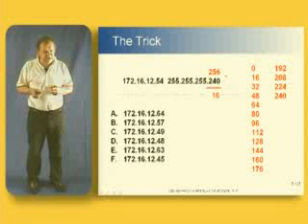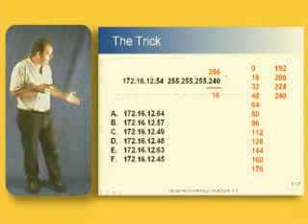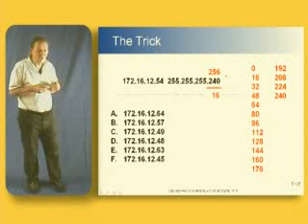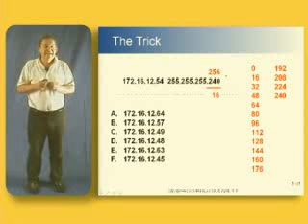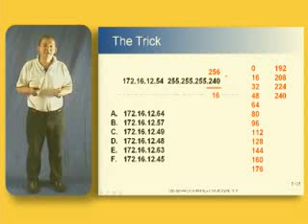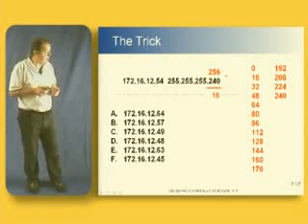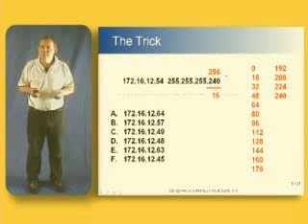So we've created a list of all the different subnets, and all we have to do now is look at the addresses in the list on the left and work out what the devices are. Now remember, 0, 16, 32, 48 and so on are subnet addresses, and the broadcast address for each of those subnets is one address before the next subnet. For example, the broadcast address for subnet 0 is .15, one before 16.